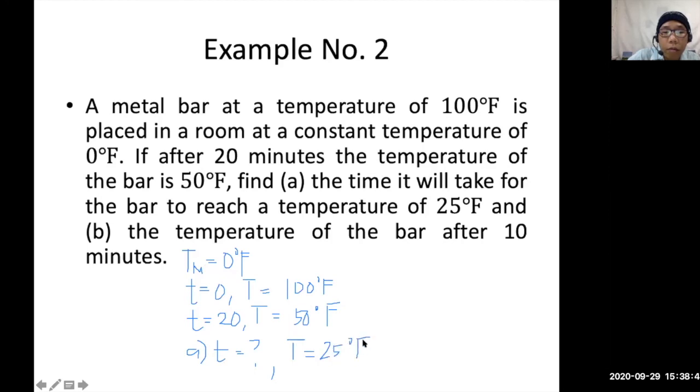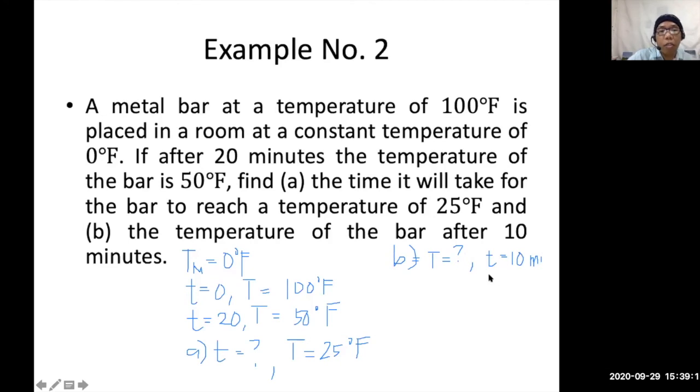And then letter B, we are asked here to find the temperature of the bar after 10 minutes. Take note, it says after 10 minutes. It is not mentioned otherwise, which means 10 minutes after the initial time.